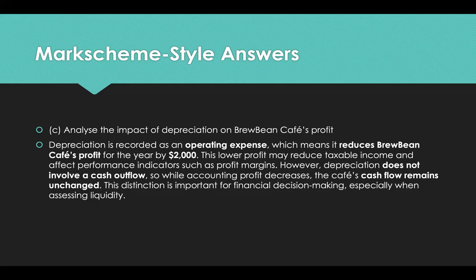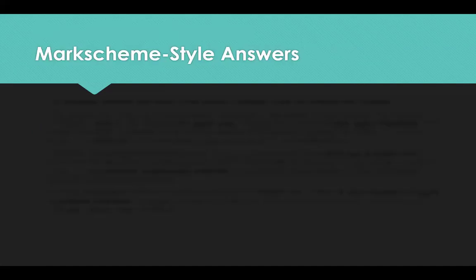This lower profit may reduce tax liability and affect performance indicators such as profit margins. However, depreciation does not involve a cash outflow, so cash flow remains unchanged. This analytical response compares profit and cash flow, which is key for higher marks.